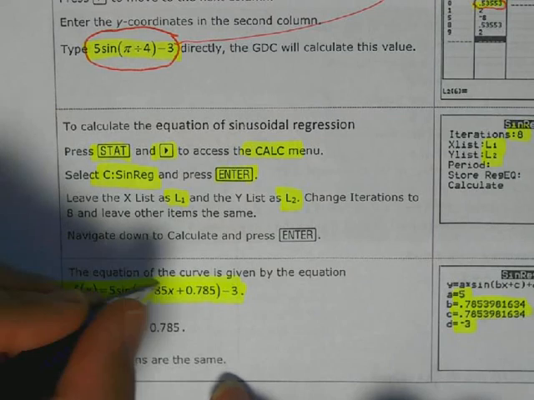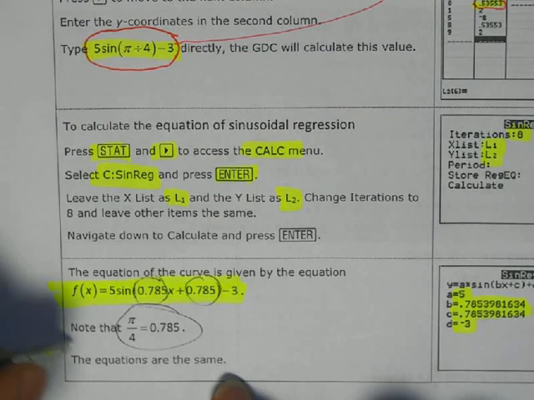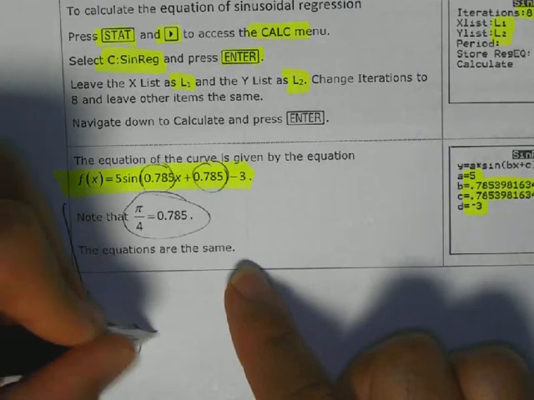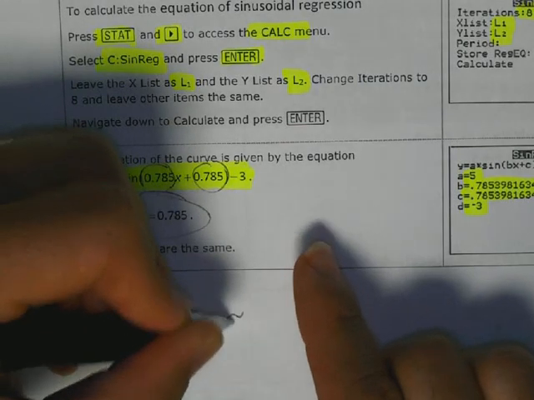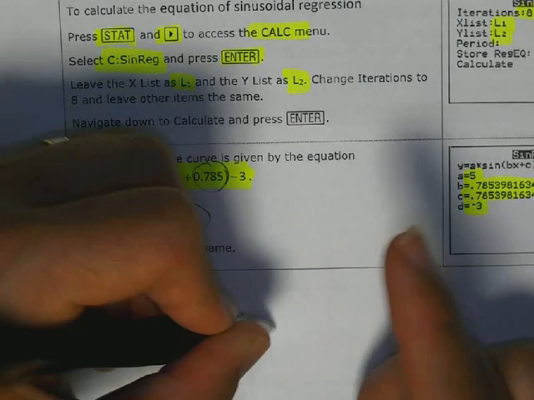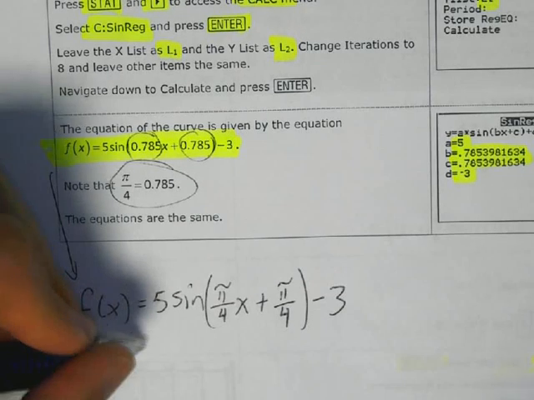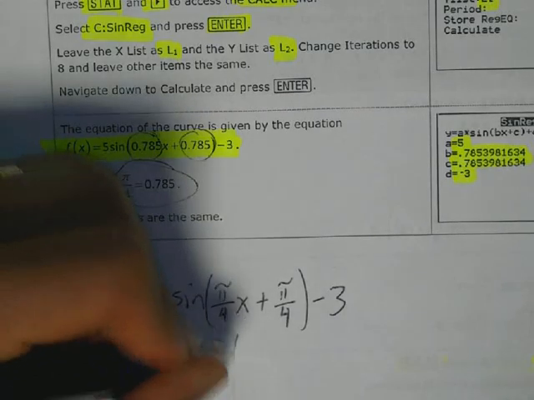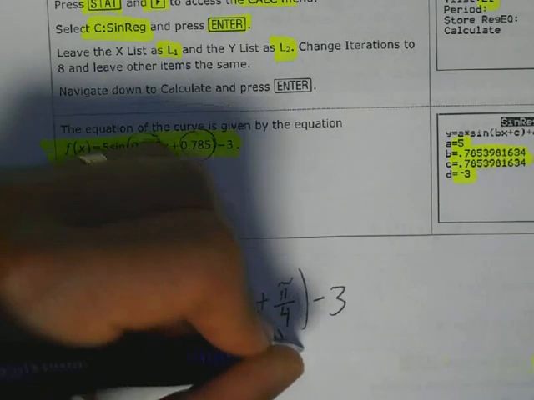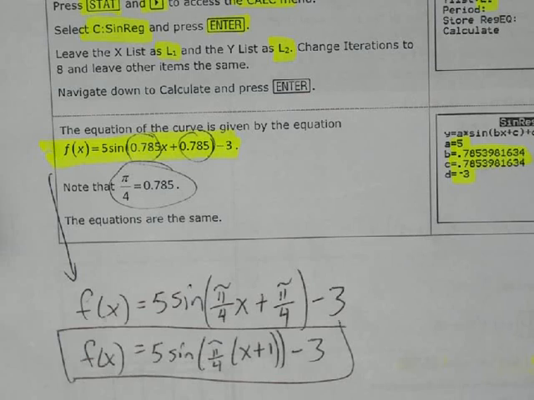If I do pi divided by 4, I'm going to get that here, and note the equations are the same. f of x equals 5 sine pi over 4 x plus pi over 4, minus 3. Or if I was writing it in that other format, it would be sine pi over 4 times x plus 1, minus 3. All right, let's finish this handout.